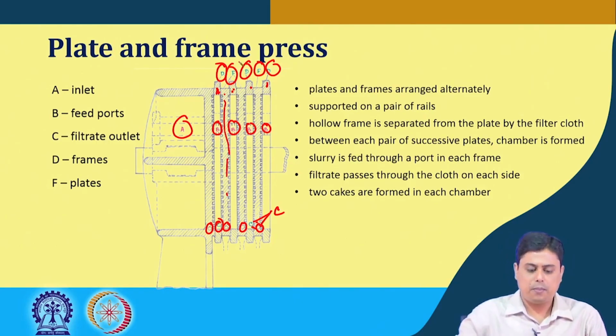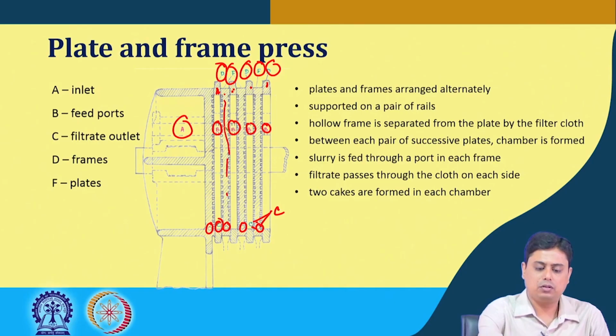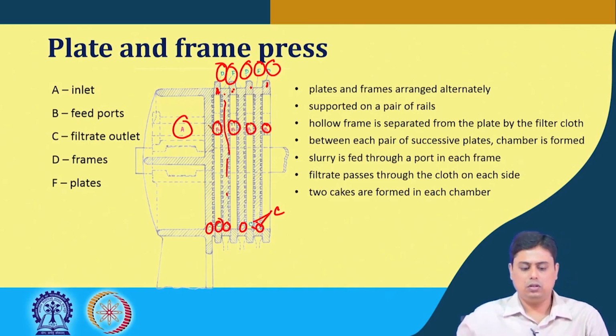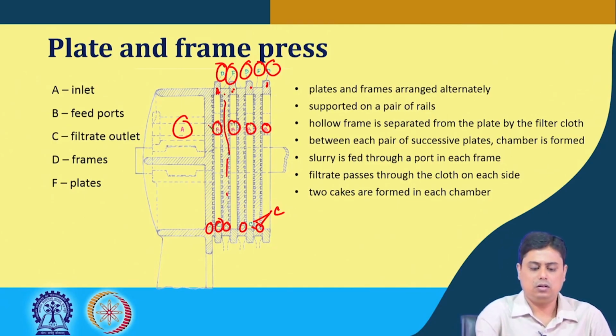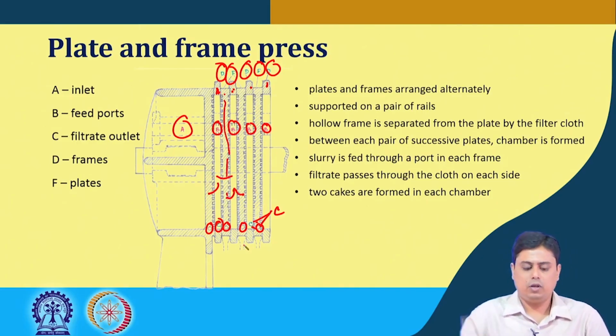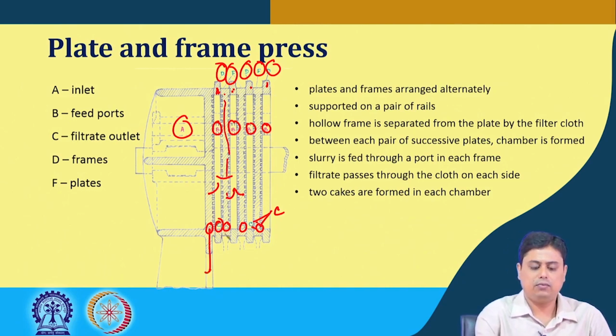So which means the feed comes through the inlet ports of B, and it flows on both the sides, this kind of flow is there, because the filtrates are collected from these outlets.